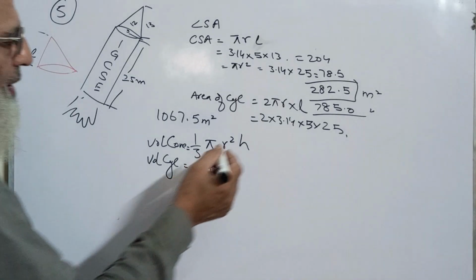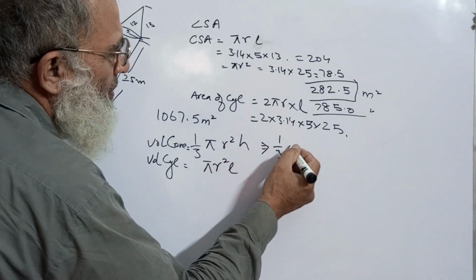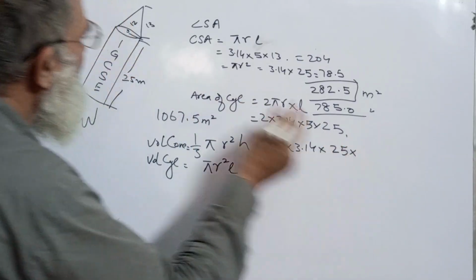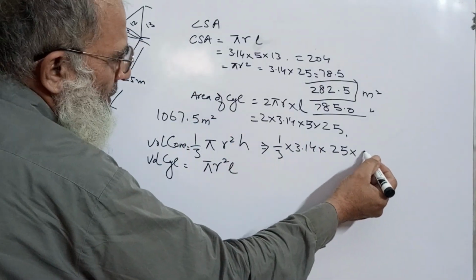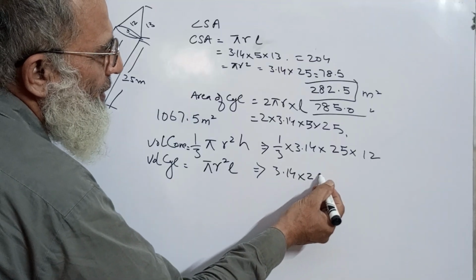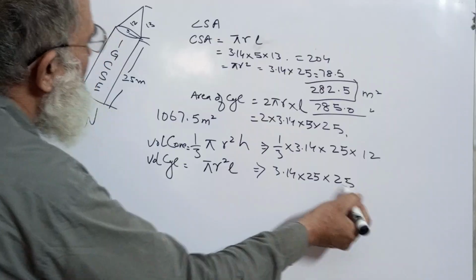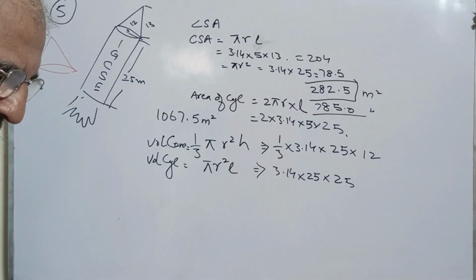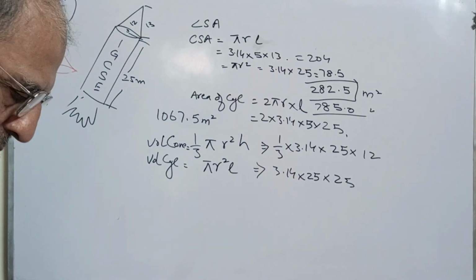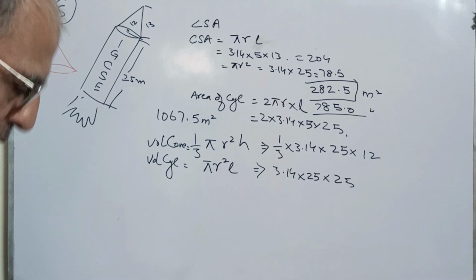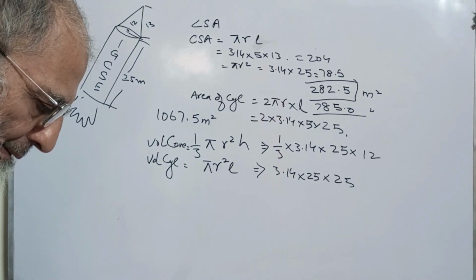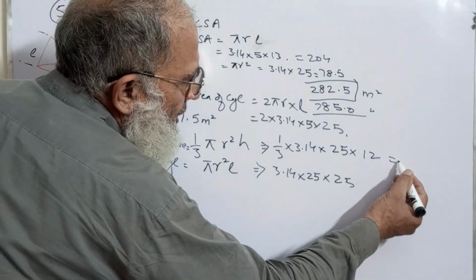If we calculate it, for the cone it will be 3.14 multiplied by r squared, 25, and vertical height 12, divided by 3, which is equal to 314.